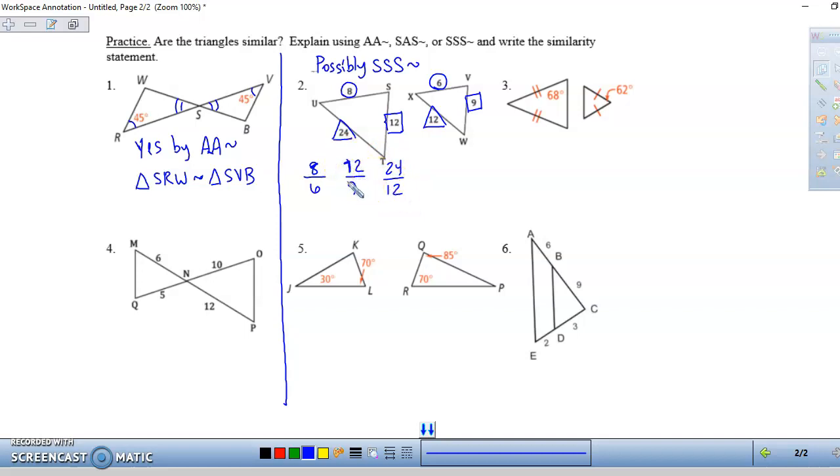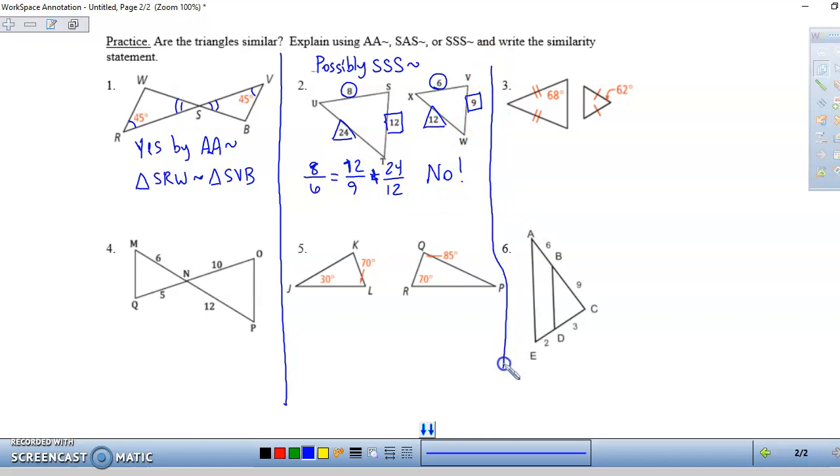So here, this is 4/3. This is also 4/3, but this one is not. This one is just equal to 2/1. All 3 have to be the same. So if they are not all 3 the same, you just write no and you move on. Okay.